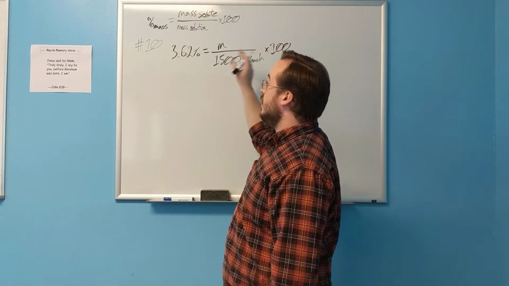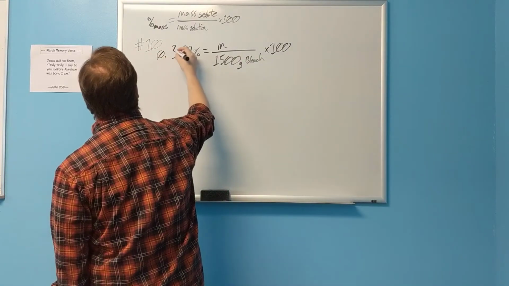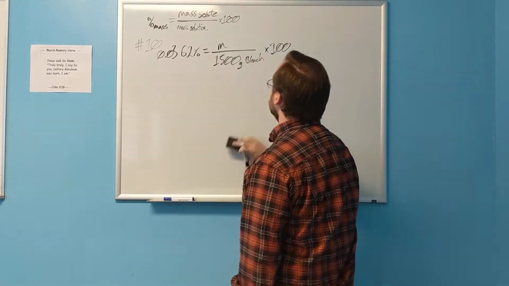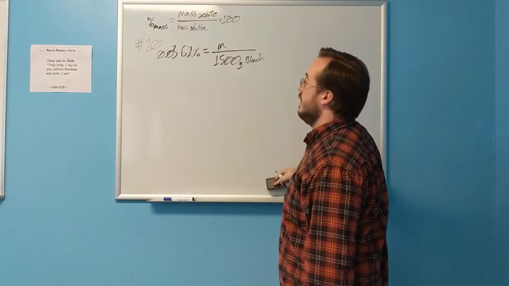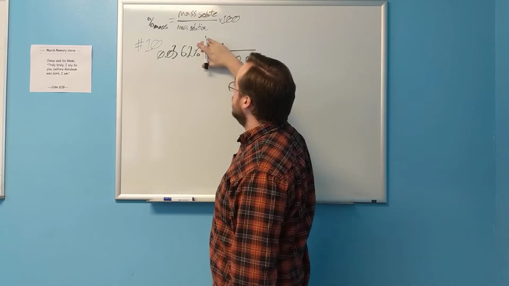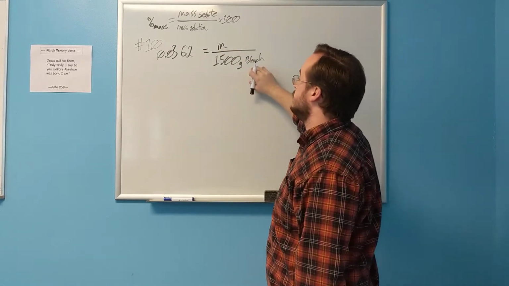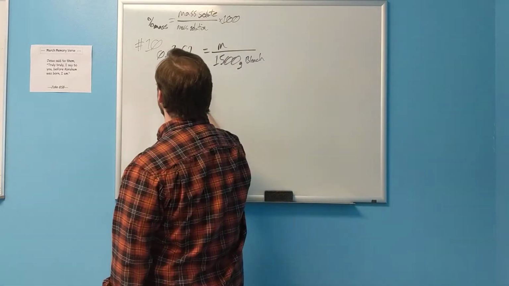I can divide 100 in my head, so I'm going to modify it to that. All right, so 0.0362 equals m divided by 1500. Multiply both sides by 1500.